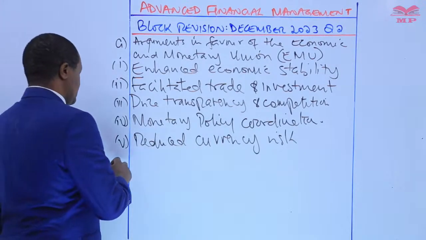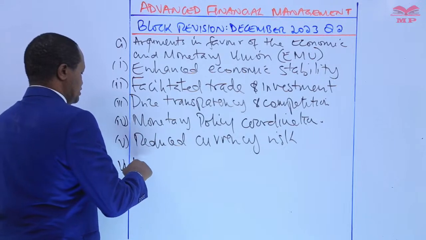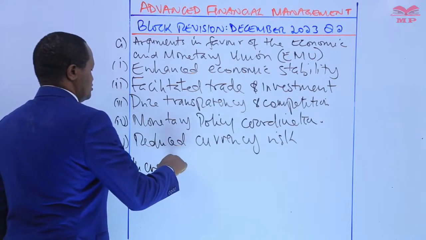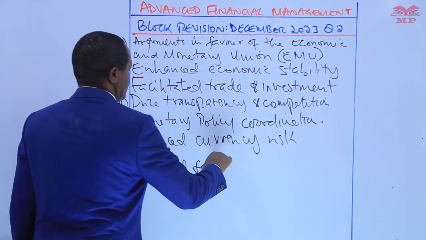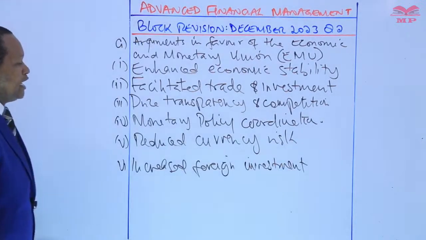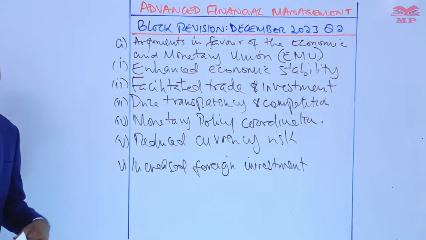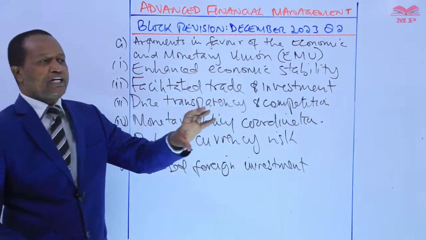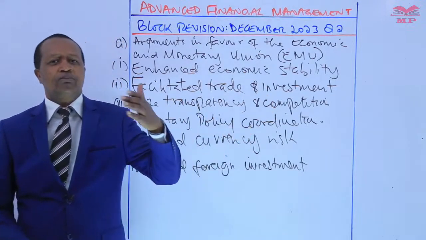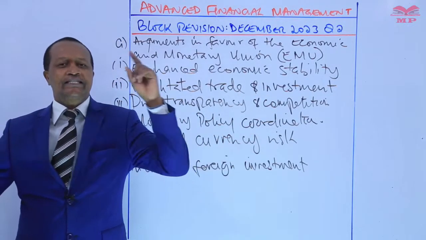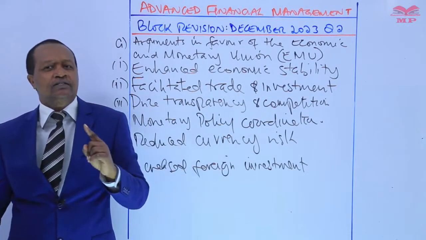Then lastly, increased foreign investment. The EMU increased foreign investment. EMU can attract foreign investment by creating a large and stable economic bloc with a single currency.